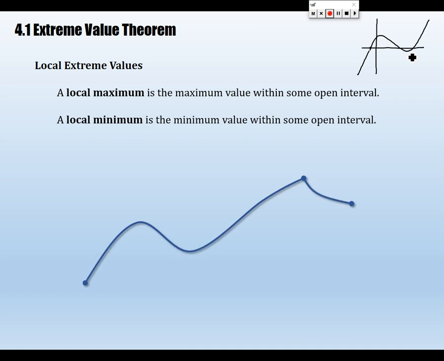But if you were to take an open interval around this x value, then it would be the smallest value in its neighborhood. By neighborhood, I mean some open interval containing that x value. If you can find an open interval containing that x value for which the y value is the lowest, then that's a local minimum.